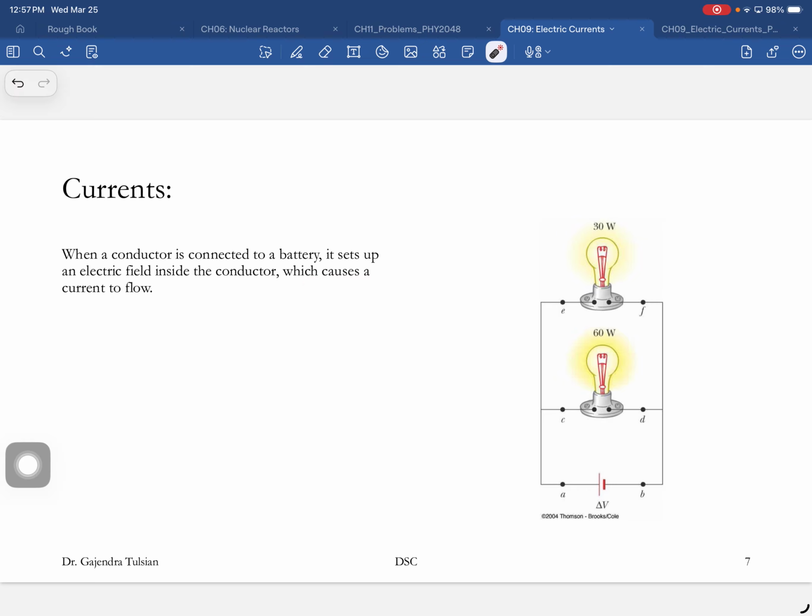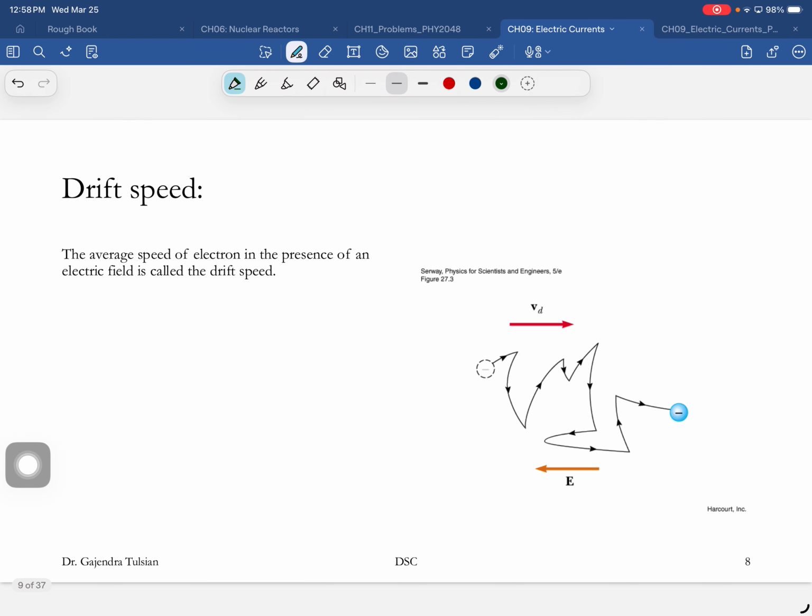The electric field is in this direction, from the positive terminal to the negative terminal, and electrons flow in the opposite direction. So you've established an electric field inside the conductor, and here are the electrons drifting in the opposite direction.